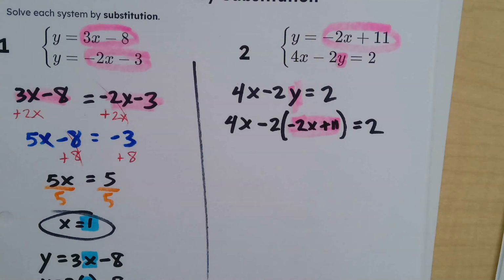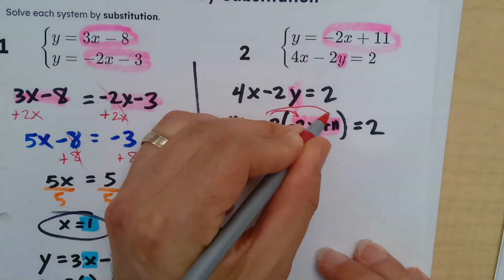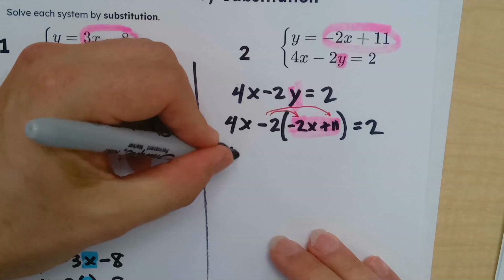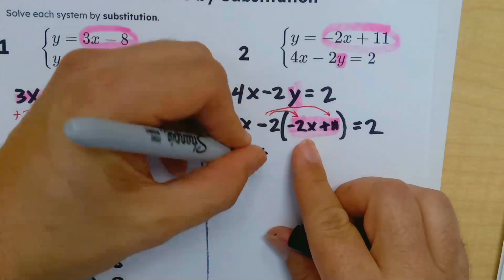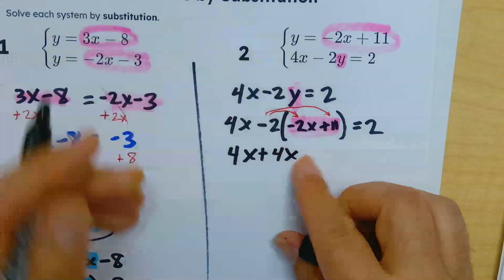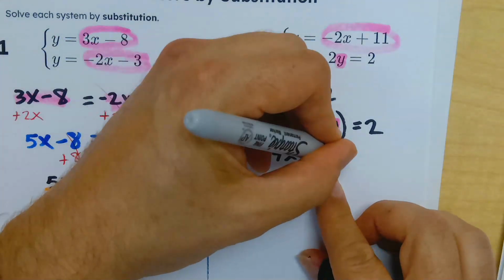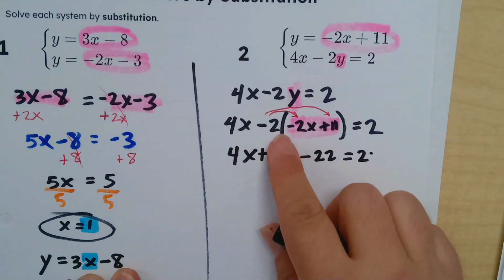Now I'm going to have to do the distributive property with the negative 2 times that and the negative 2 times that. So now I've got 4x, negative 2 times negative 2x gives me plus 4x, and negative 2 times 11 gives me minus 22.